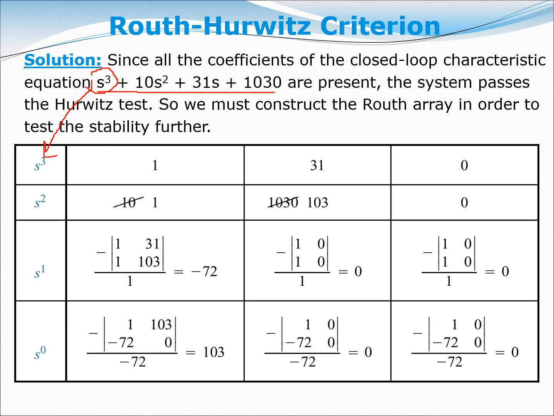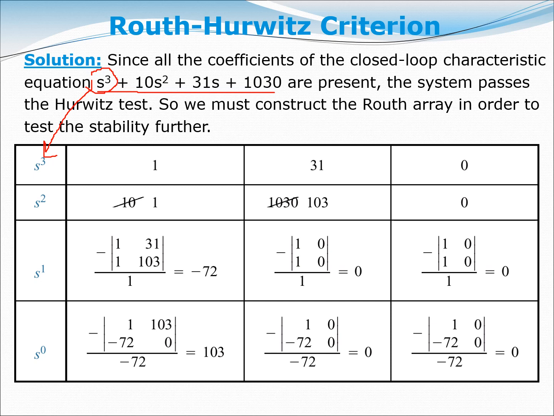Then we start to fill the first row. The first row starts with 1, which is the coefficient of s^3, then 31, then 0. The second row is the even terms. We start with 10, and next is 1030 and then 0. You can put more columns, then you just put 0.